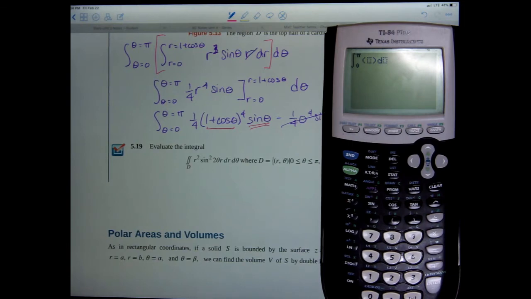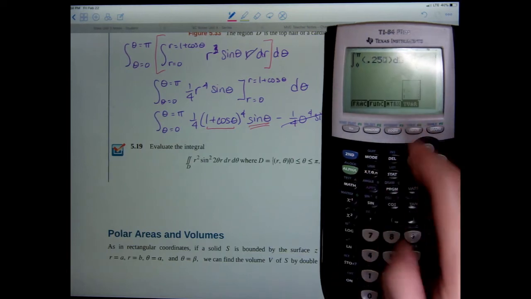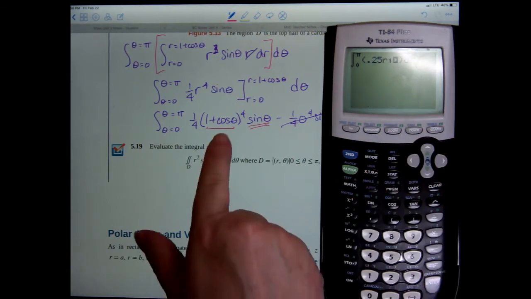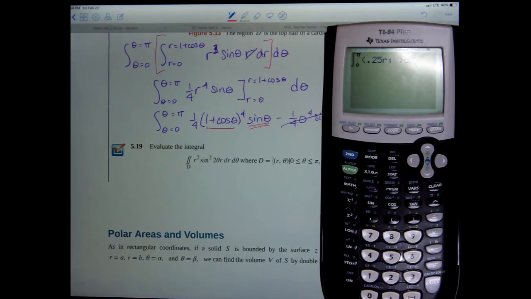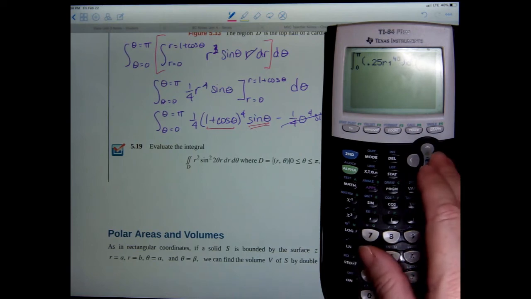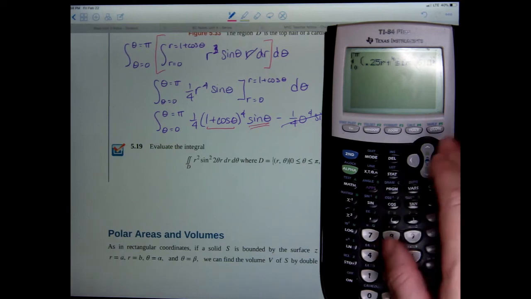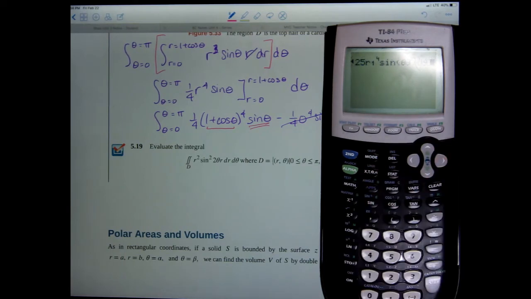So 0.25 for the 1/4. Alpha trace enter gives me that r1, which is 1 plus cosine theta, to the 4th. And then sine theta d theta. Did you follow what I just did?